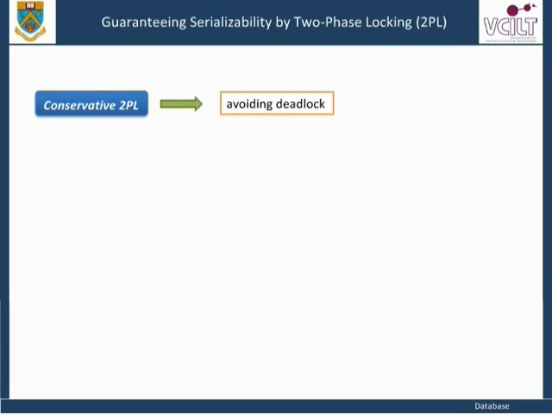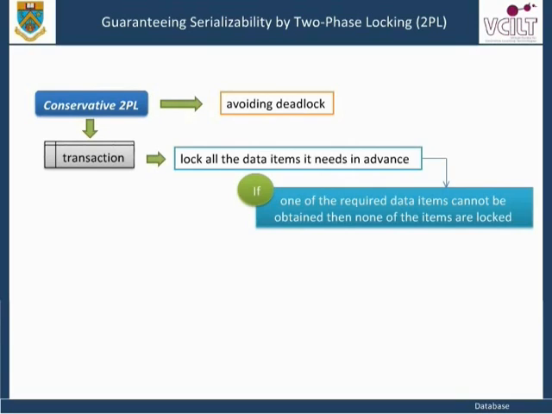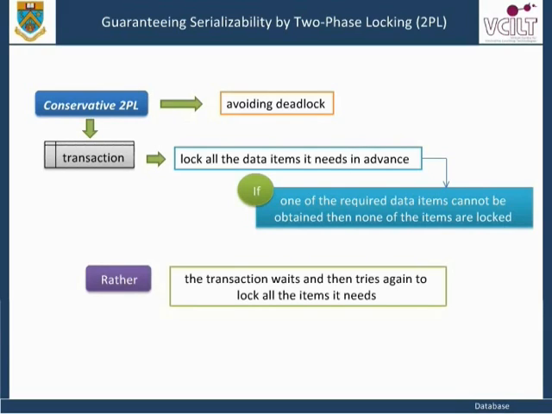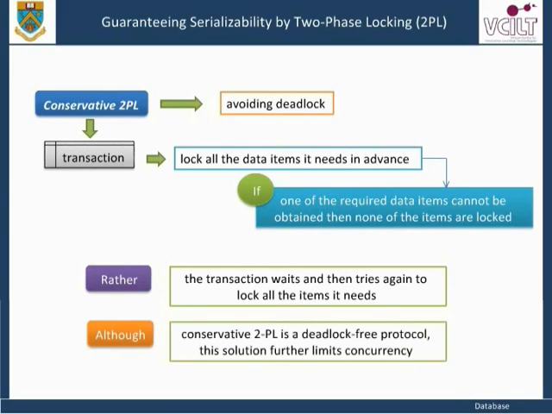The conservative 2PL requires a transaction to lock all the data items it needs in advance. If at least one of the required data items cannot be obtained, then none of the items are locked. Rather, the transaction waits and then tries again to lock all the items it needs. Although conservative 2PL is a deadlock-free protocol, the solution further limits concurrency.